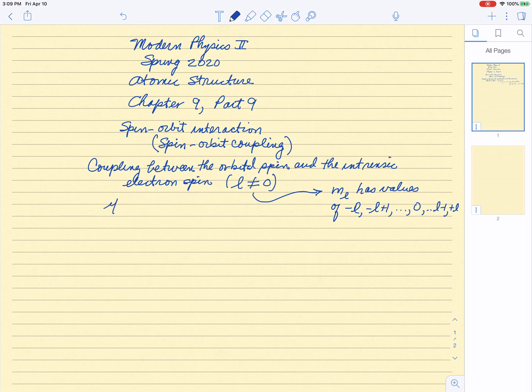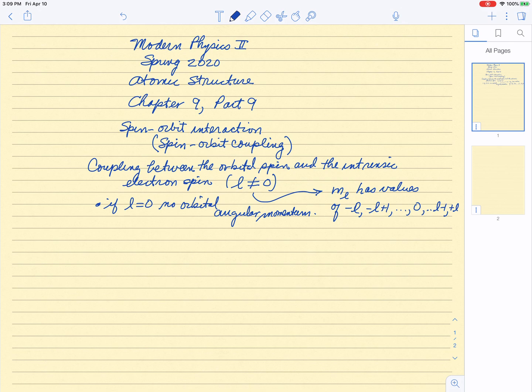So it's for states where L is not equal to 0.